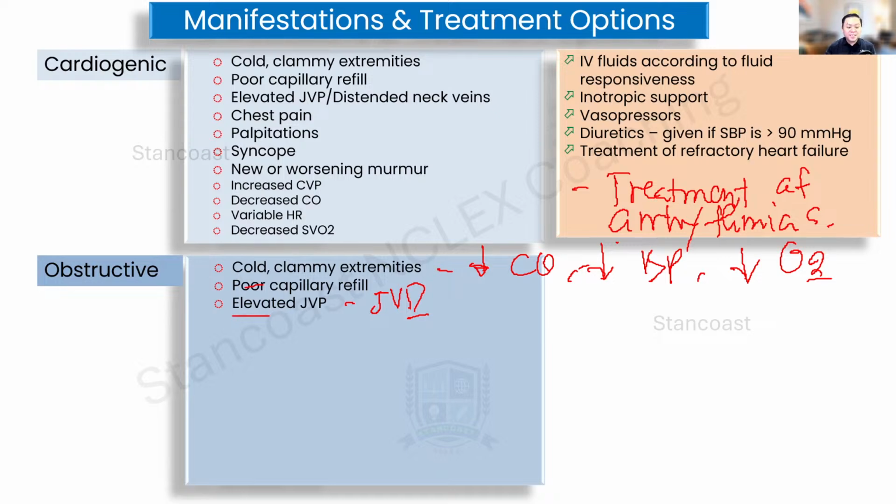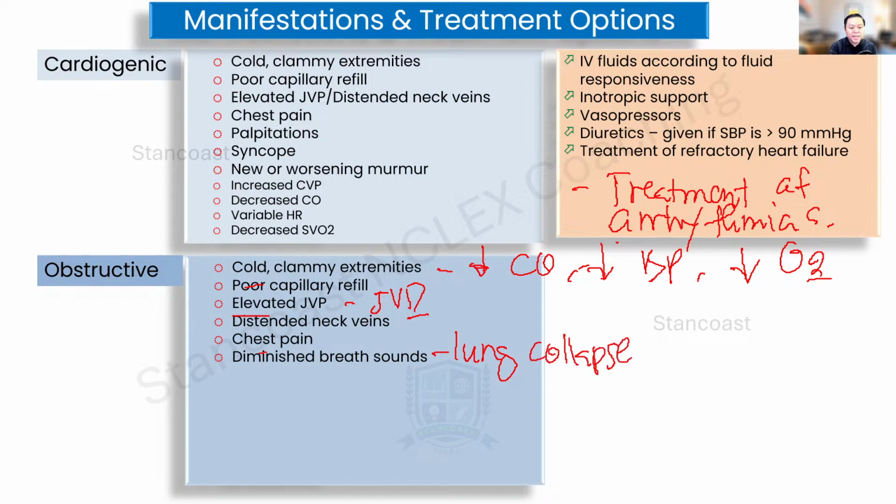Now, because of the poor O2, poor cardiac output, poor blood supply to the heart itself, this can also lead to the chest pain. There's going to be diminishing breath sounds, and the reason for that is because of the reduction in the airflow into the lungs because of the lung collapse.